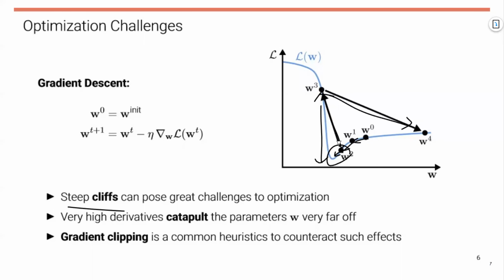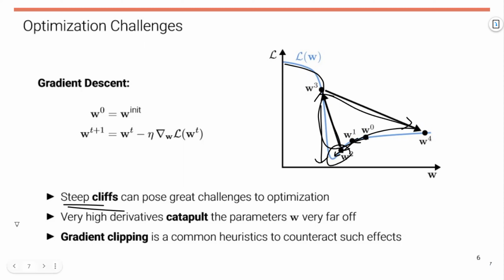Because here we need to reduce the amount of learning rate, but we do not have an idea of how this loss space looks like. Therefore, we don't know how to modulate our learning rate. So if there are some steep cliffs in the loss function or loss space, then it could be very challenging.